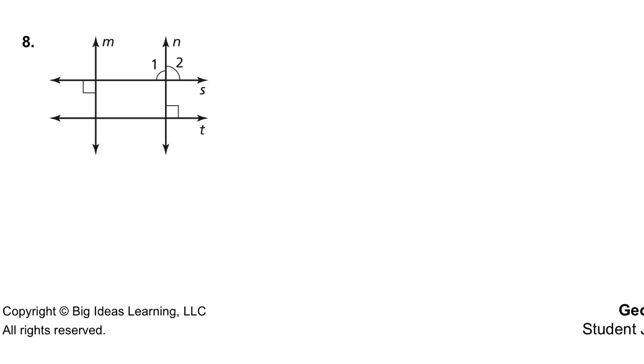So if we look back at the first theorem that we had, it said if we have some linear pairs that are congruent, they are from a set of perpendicular lines. I have a linear pair with angles 1 and 2 that are congruent. That means N is perpendicular to S. And I'm going to write my little symbol in here. The reason is our linear pair perpendicular theorem.